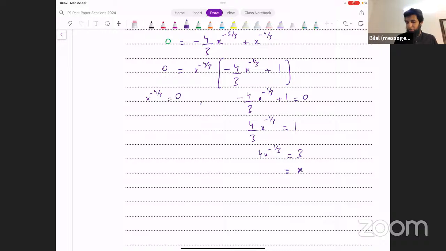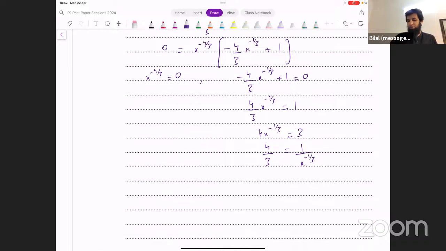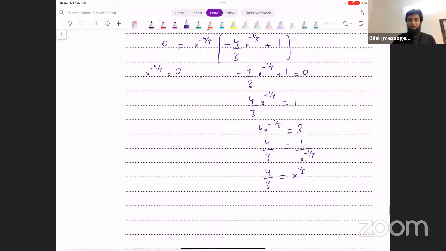Or I can show another step: 4 over 3, and if I take x to the other side, that's 1 over x power minus 1 over 3. Now I could take this negative power above and it becomes 4 over 3 equal to x power 1 over 3. All right, and now we need to find the value of x from this.